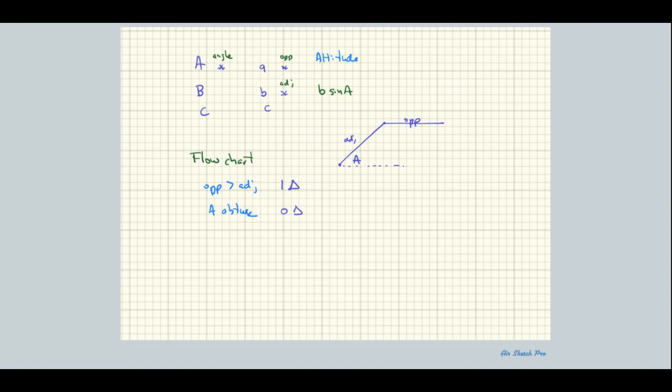Okay? Now, for the next thing, I want to check to see if we're actually at a spot. Now for this to actually work, if it's not obtuse, it's possible for me to get two triangles if the opposite is greater than the altitude.